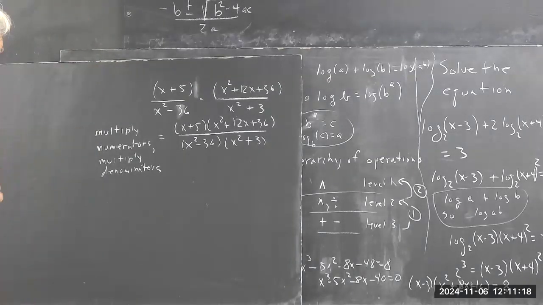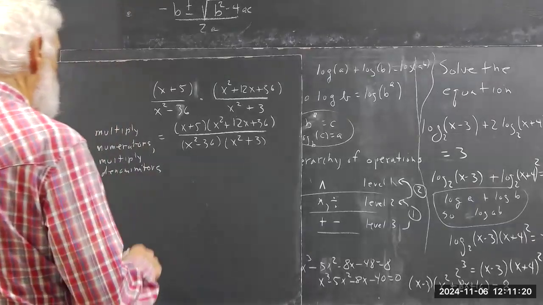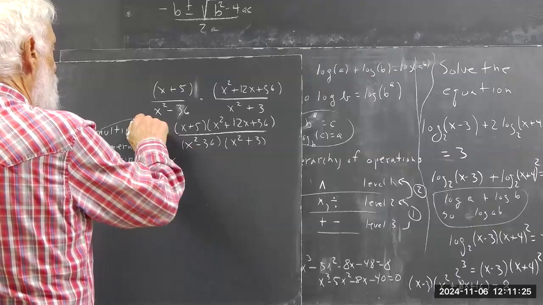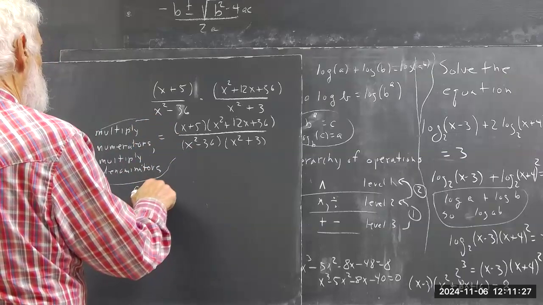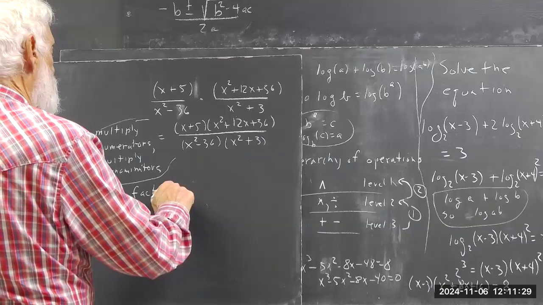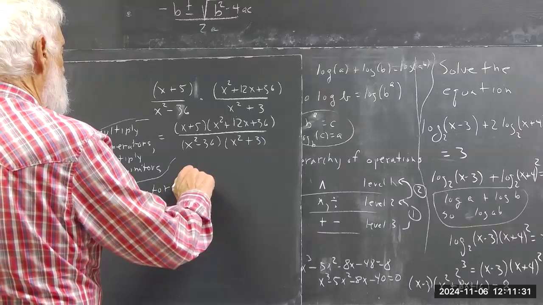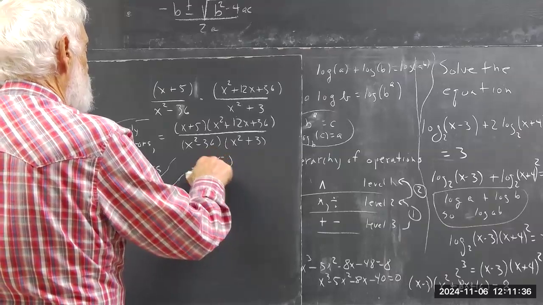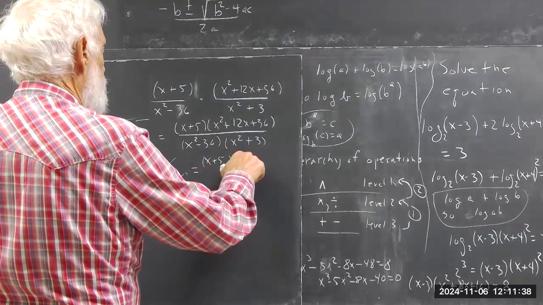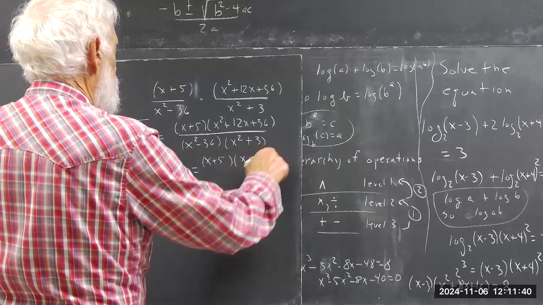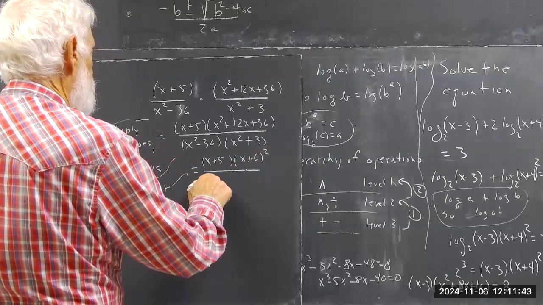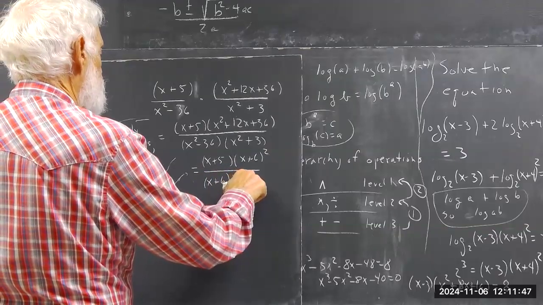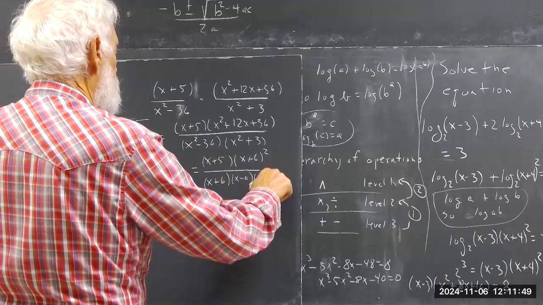Now we factor. We get x plus 5 times x plus 6 quantity squared divided by x plus 6 times x minus 6 times x squared plus 3.